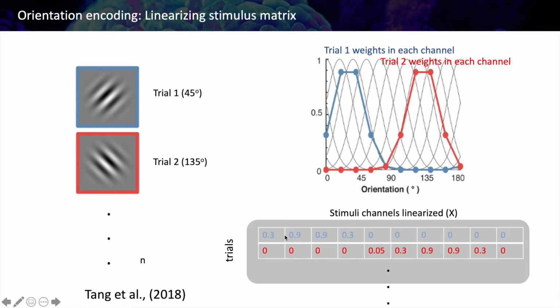So for each trial, we divide the orientation in all these predefined channels that correspond to each one of these gray curves. Once we have this, we have one of the important ingredients that we need for our equation. I'm going to explain in a little more detail how we go from the orientations to the values, okay?